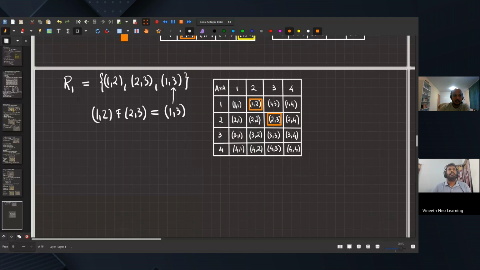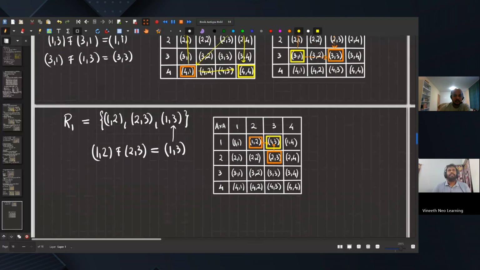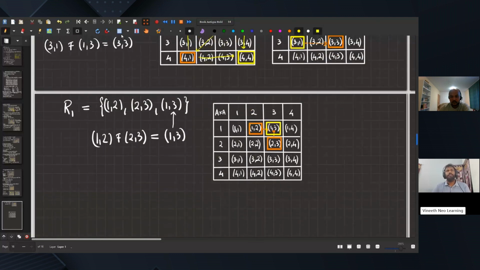And the answer is (1,3). It's again like a box. That's how we can find the possible transitive products.